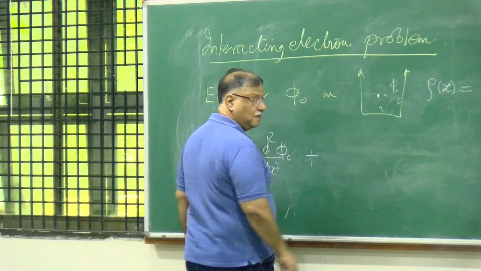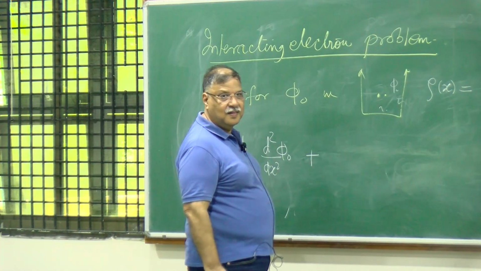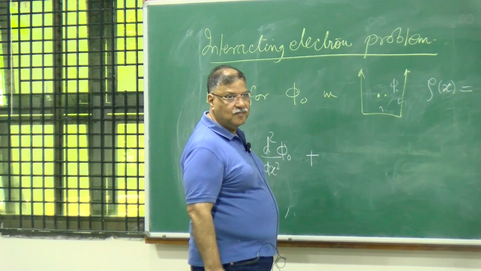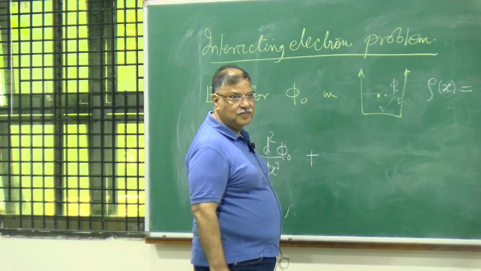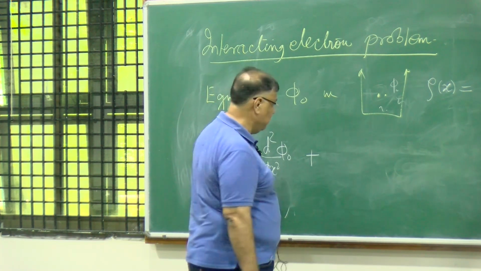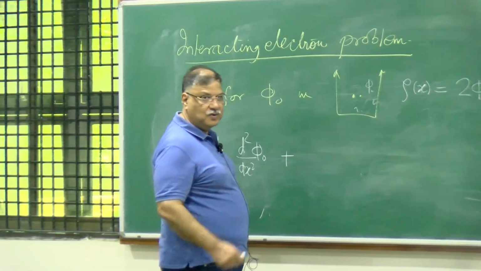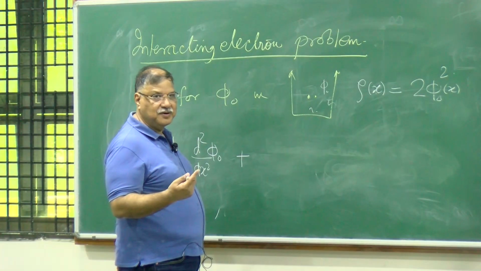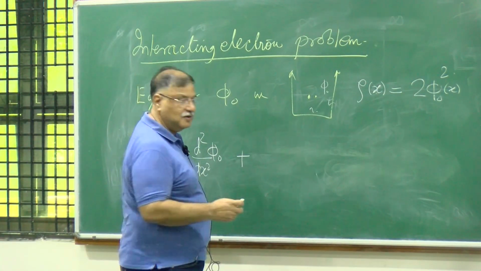Plus? Self-interaction. So how would that come in? It's the only same orbital. So you subtract the same orbital. So it becomes this.